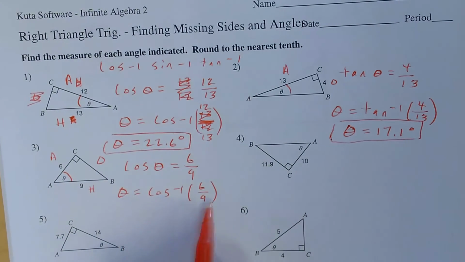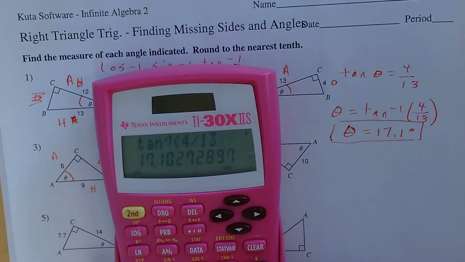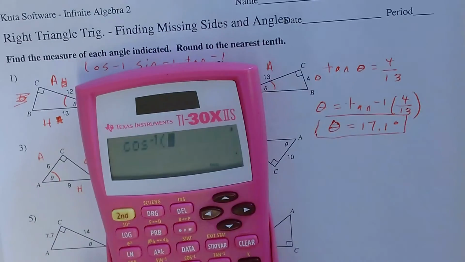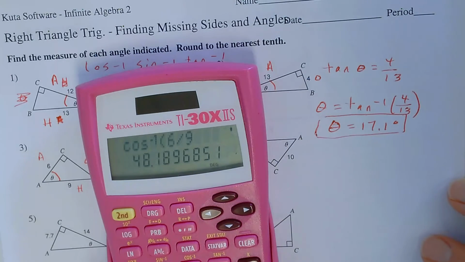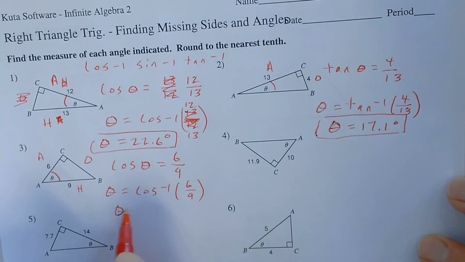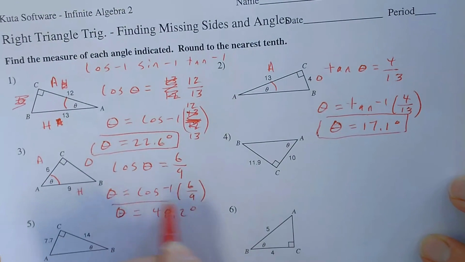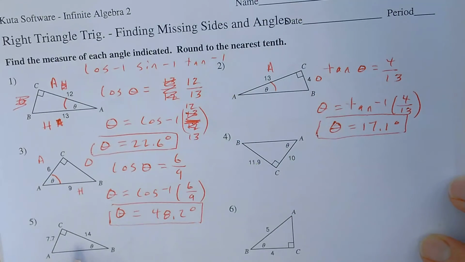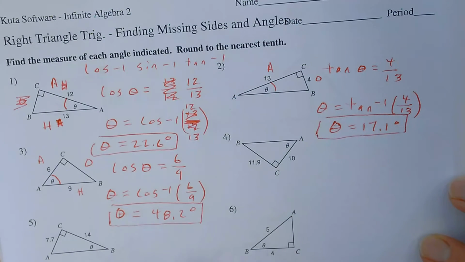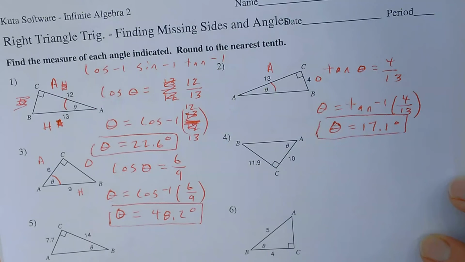So some angle has that ratio in their cosine, so you're asking the calculator to pull it up. Second cosine, 6 divided by 9, is 48.2. So the theta angle is 48.2 degrees.